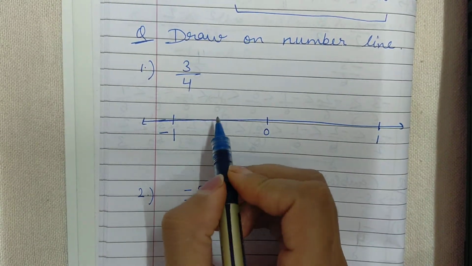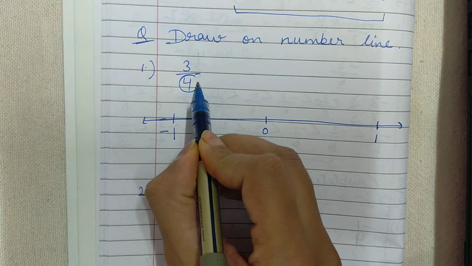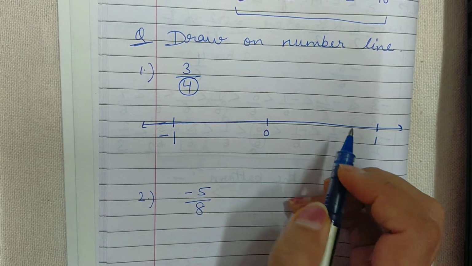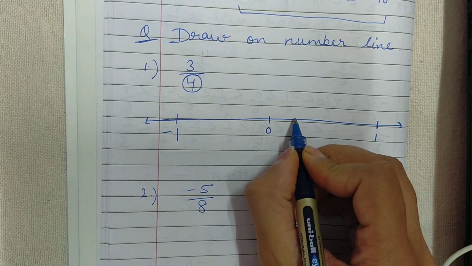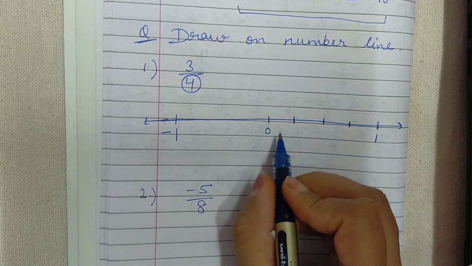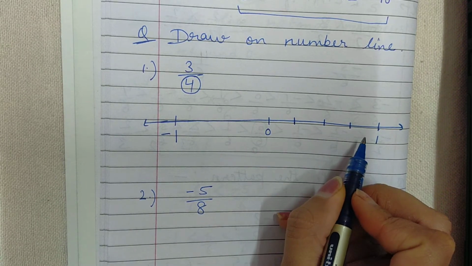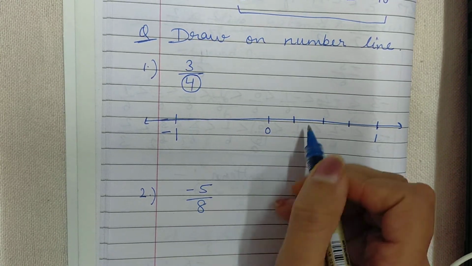Now see, how will you draw it? Check out the denominator. Denominator is 4. So what will we do? We will divide it into 4 equal parts: 1, 2, 3, 4. We will divide the space between 0 and 1 into 4 equal parts. Then it is 0.